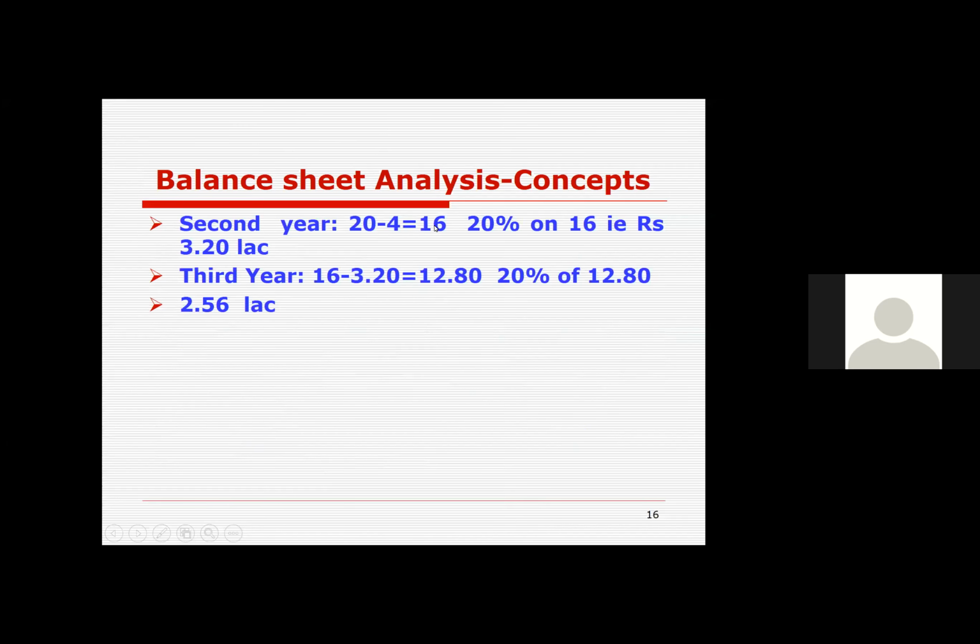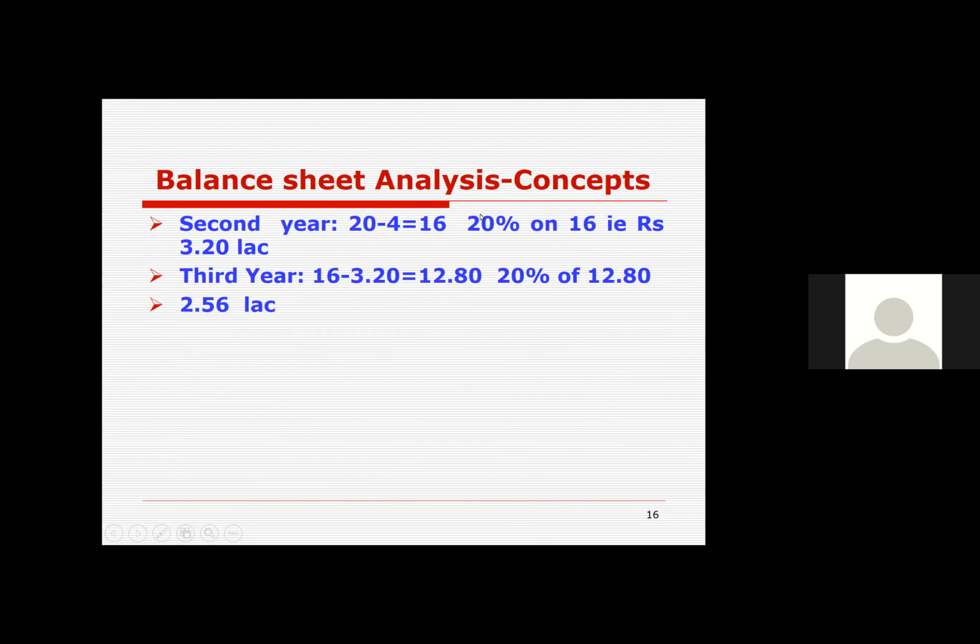In the second year, under the written down value method, we will not calculate 20% depreciation on the cost price, but on the book value of the previous year. So originally you purchase at 20 lakhs, first year depreciation is 4 lakhs, so the written down value at the end of the first year is 16 lakhs.